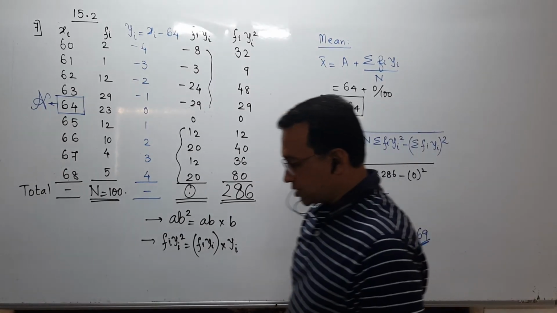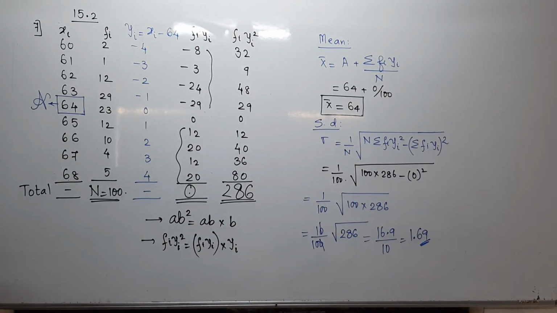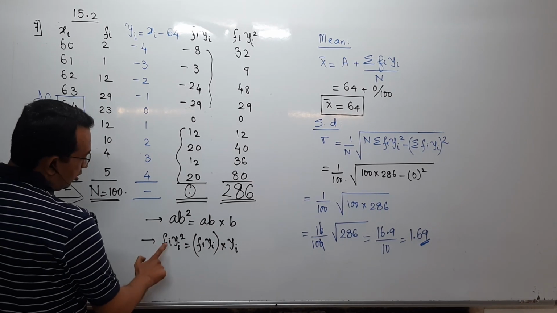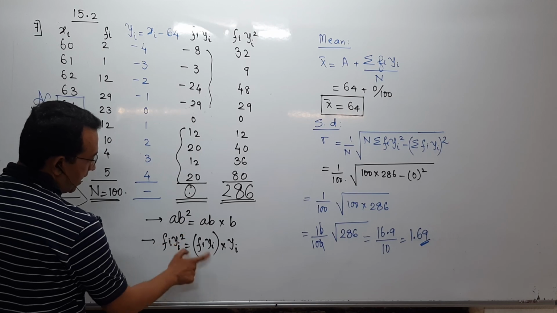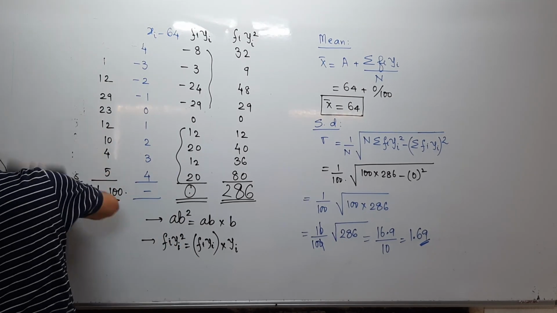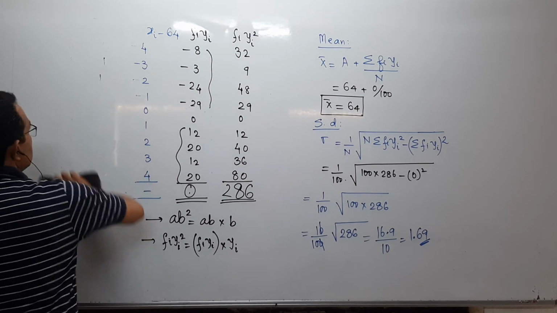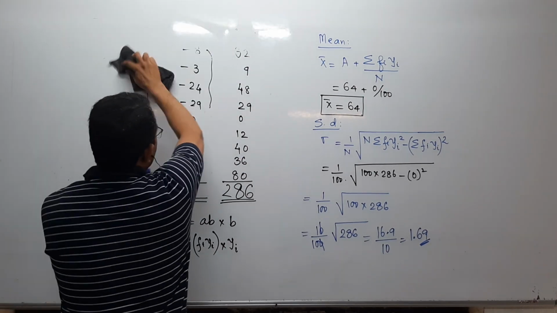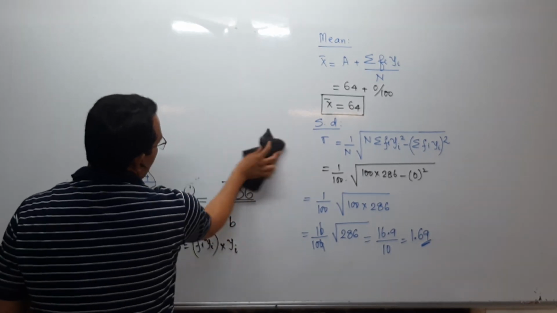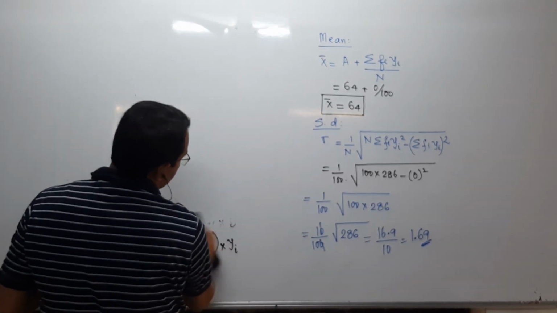So students, this was the demonstration of standard deviation for a discrete frequency distribution using the shortcut method. And remember, the last column fi yi square is always obtained as the product of fi yi into yi, and you will never have a negative value in the column fi yi square.